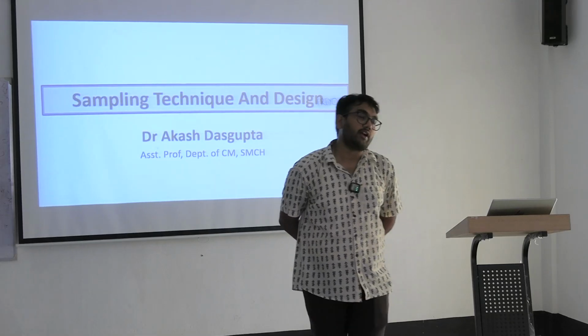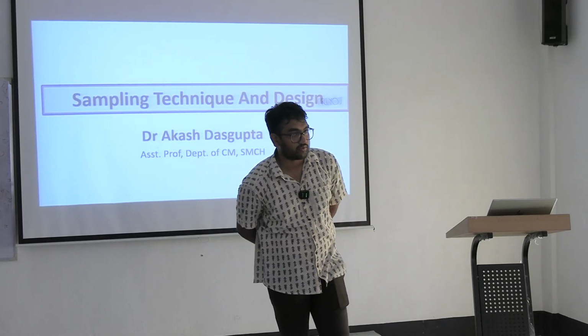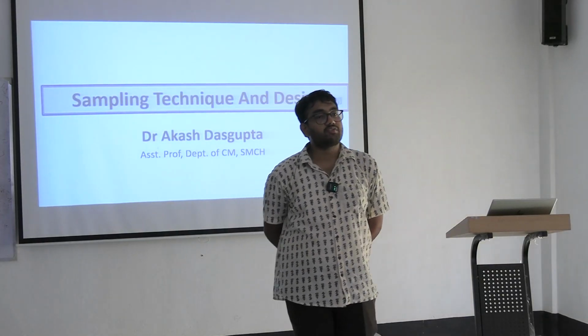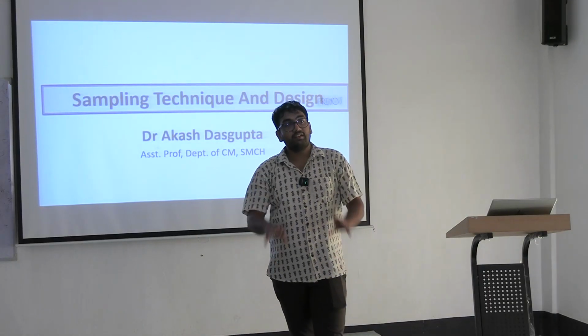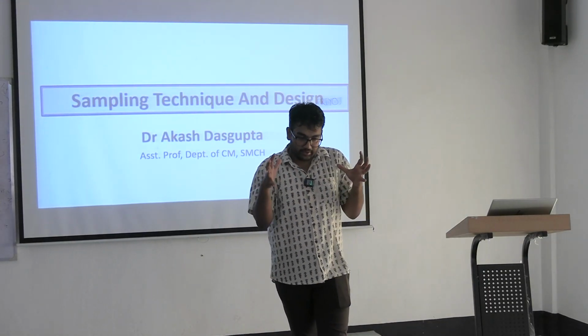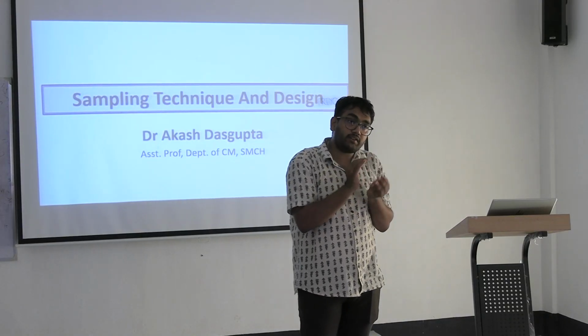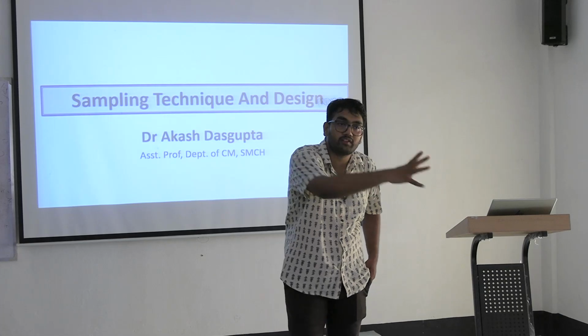Like there is a population of adolescents in Birbhum district. I want to find out their nutritional status, but I cannot cover all of them. So I will try to select a few of them in such a way that the people I select are a representative population of the adolescents of Birbhum.